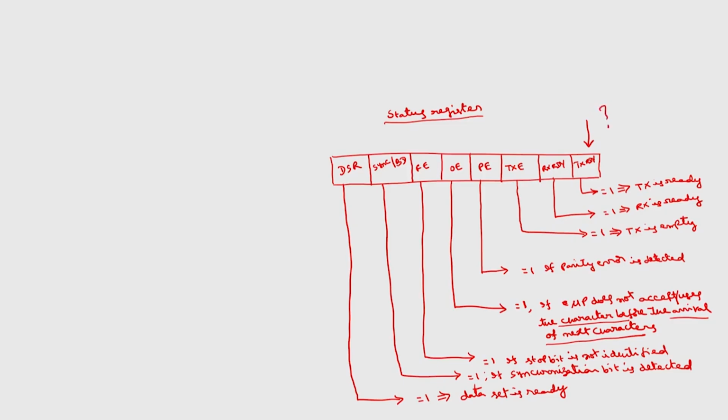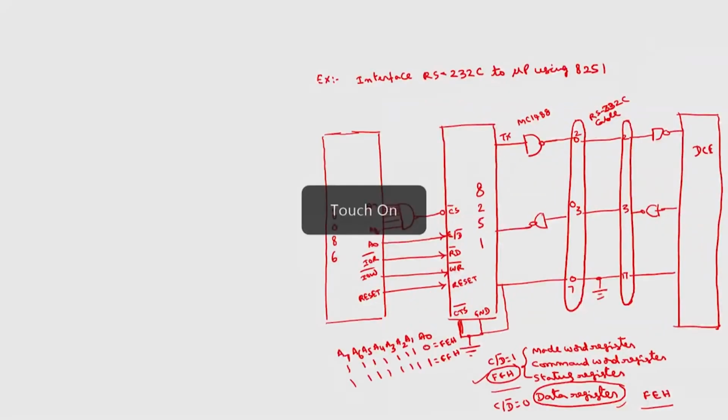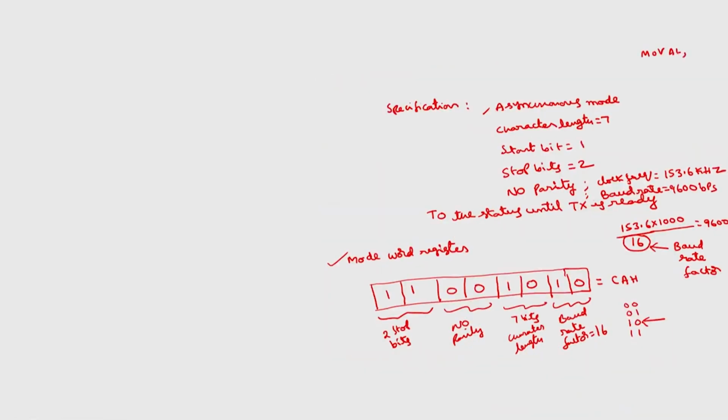Okay. So, now coming to the program, this is CAH. I will take MOV. What is the address of the mode word, command word and status word registers? Just now I obtained that it is FFH, and FEH is for the data register. MOV AL, CAH.